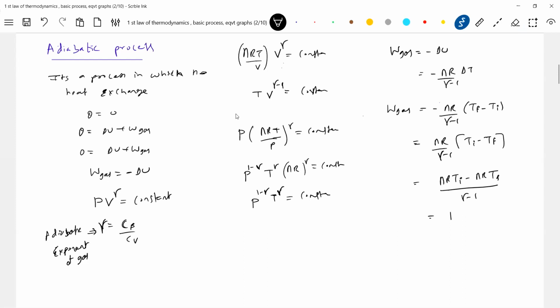So what is nRTi? We can write it as Pi Vi. Anybody, what to replace here?